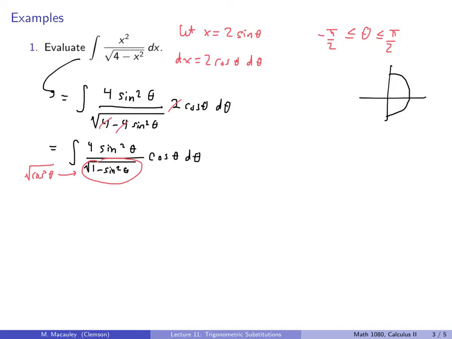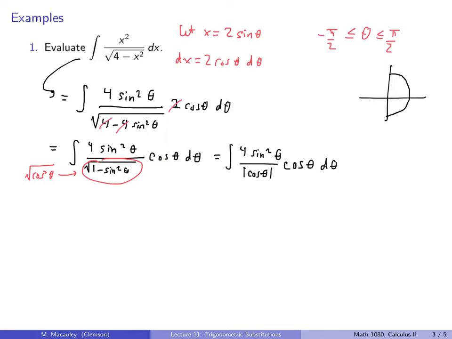So that's just going to be cosine, and that's going to cancel with that cosine. So let me write this out as the integral of 4 sine squared theta over, well, technically I should say this is the absolute value of cosine, because if I square it and then take the square root, I end up with the absolute value, not necessarily cosine. So that presents a potential difficulty, but as we'll see, it's not bad. So cosine theta d theta.